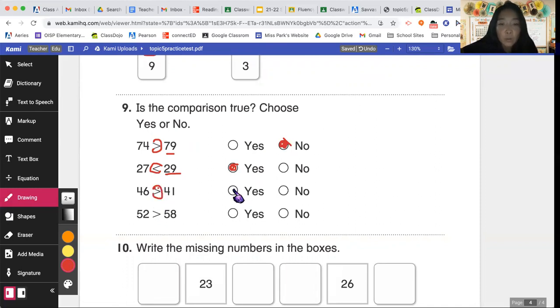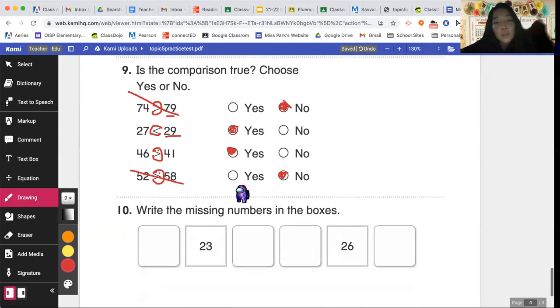Yes, that is true. And then last one, 52 is greater than 58. No, that's not right. Pac-Man would never want to eat a smaller number. So we know these two are not correct.